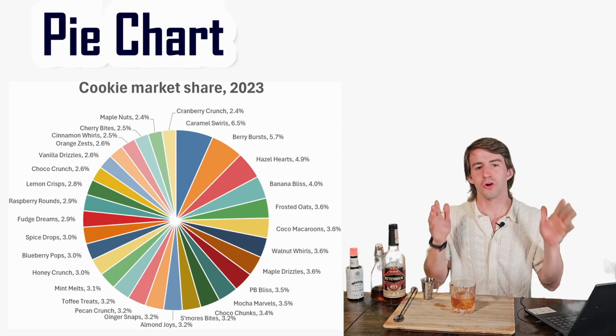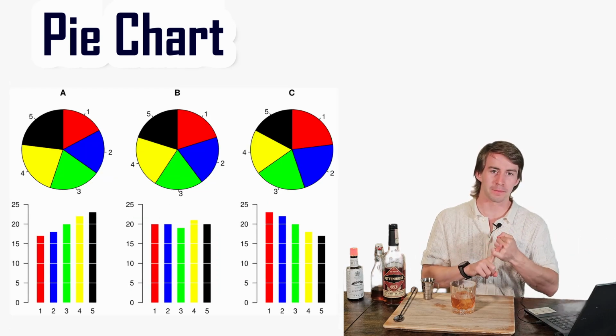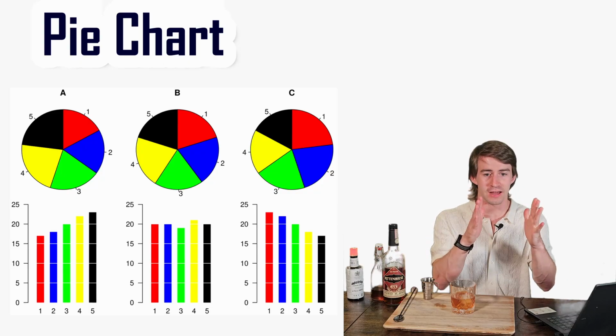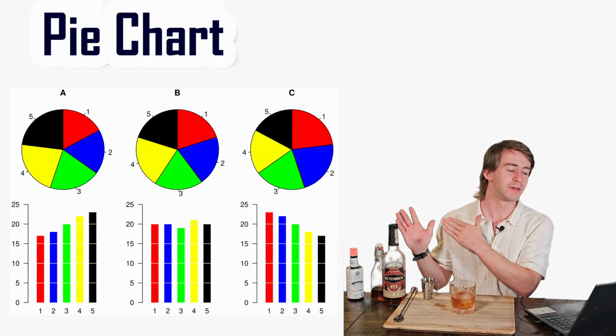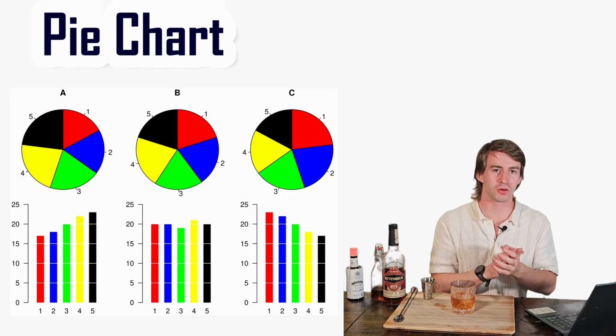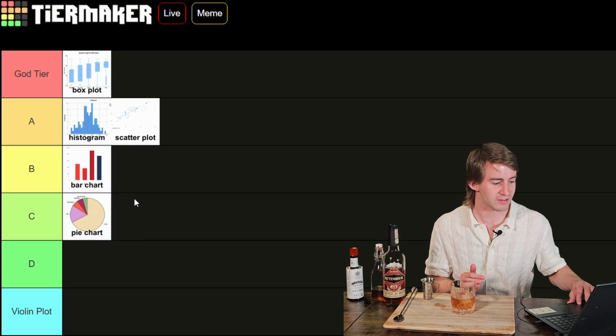Overall, there's just so many better alternatives to a pie chart, right? If you're showing proportions, you can use a bar chart. That'll work far better because rectangles are easier than triangles. Then if you're really wed to this circular shape, maybe you have size constraints you're working around, the donut is a far clearer approach, sort of cutting out that middle slice. As a result, pie chart is going to be our first C tier plot.